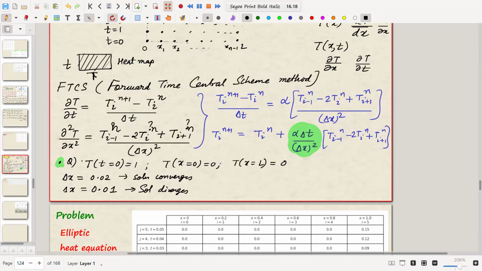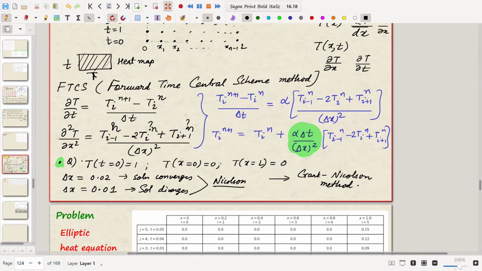This was just an observation which scientists have seen. This was discovered by Nicholson. And therefore, to avoid this phenomenon, the Crank-Nicolson scheme was developed, which will be the next most important method we will see.